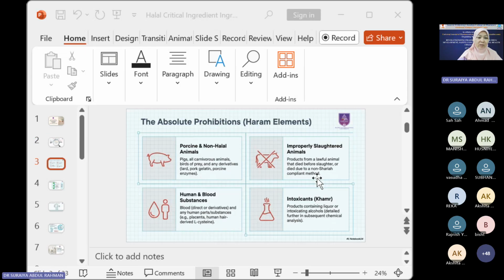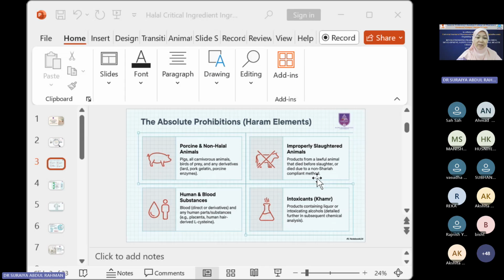Okay, the next slide shows the main ingredients which are prohibited under Sharia law. The first category is porcine and non-halal animals, for example pigs, carnivorous animals, and birds of prey. According to Sharia law, they have categorized which animals are prohibited or considered haram.